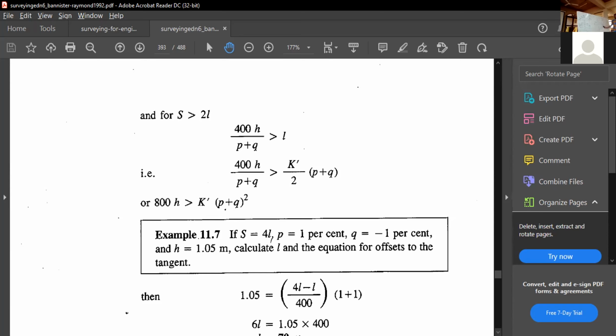So now, we have three cases, isn't it? A case where the sight distance is longer, where it's shorter, where it's equal to. Which of the three cases is this question?